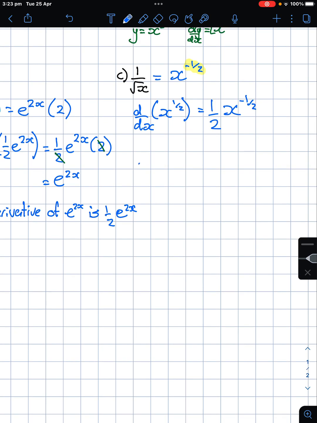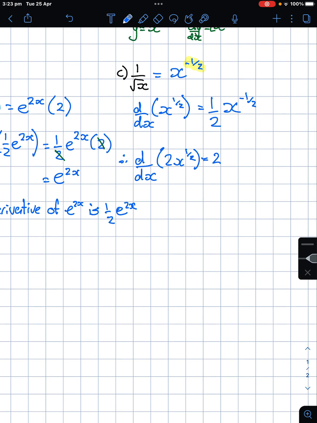So the derivative of 2x to the half would equal 2/2 x to the negative 1/2, which is good because the 2's cancel, and that would equal 1 over x to the half, which equals 1 over square root x, which is our original function.